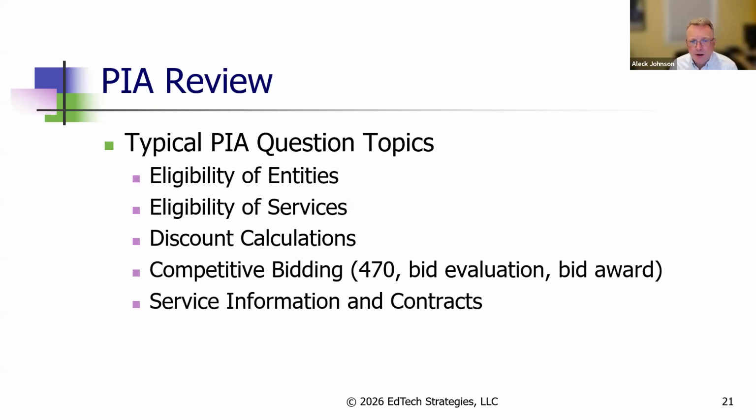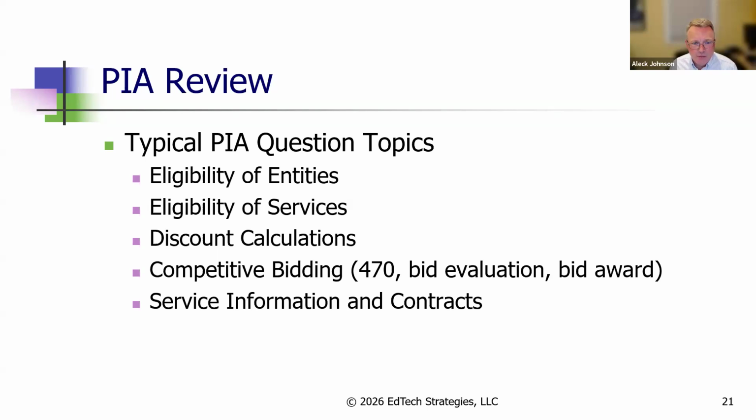The questions that PIA will typically ask you have to do with your Form 470, your bid evaluation, and your bid award. So did you go through the appropriate steps and processes for each of those? We've covered those in prior trainings, so I'm not going to elaborate on them now. But as always, we're happy to help you work through those sorts of questions and issues.